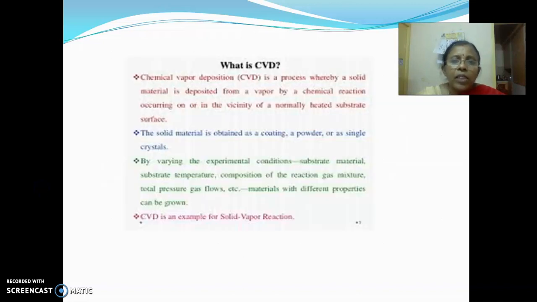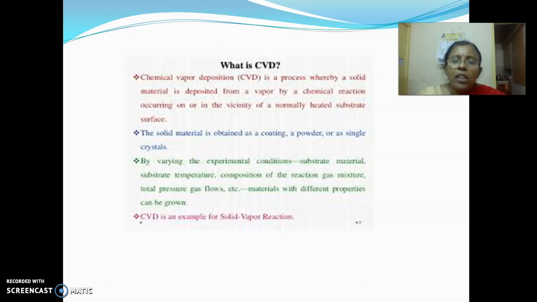Next we can look at what CVD is. CVD, chemical vapor deposition, is one of the common methods of producing various kinds of nanoparticles. Not only nanoparticles, thin films can also be prepared with the help of chemical vapor deposition, and CVD is also one of the major methods for crystal growth.